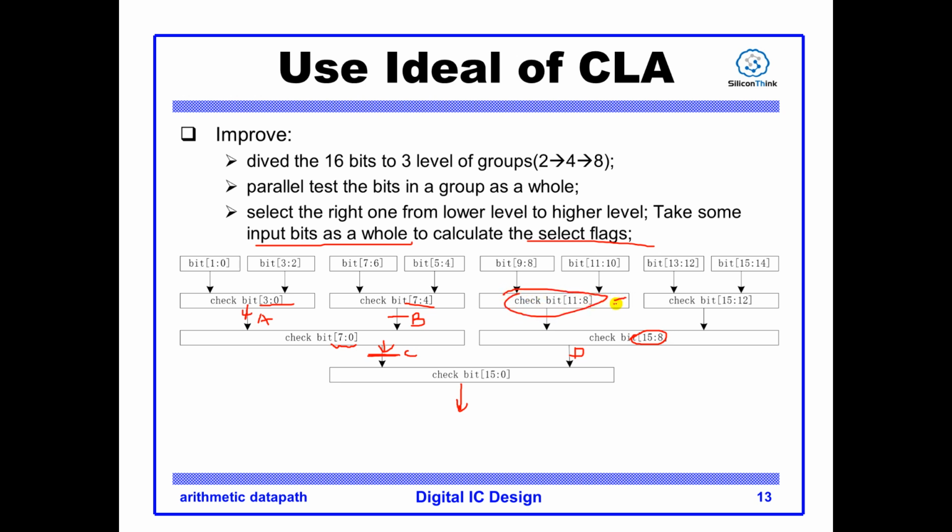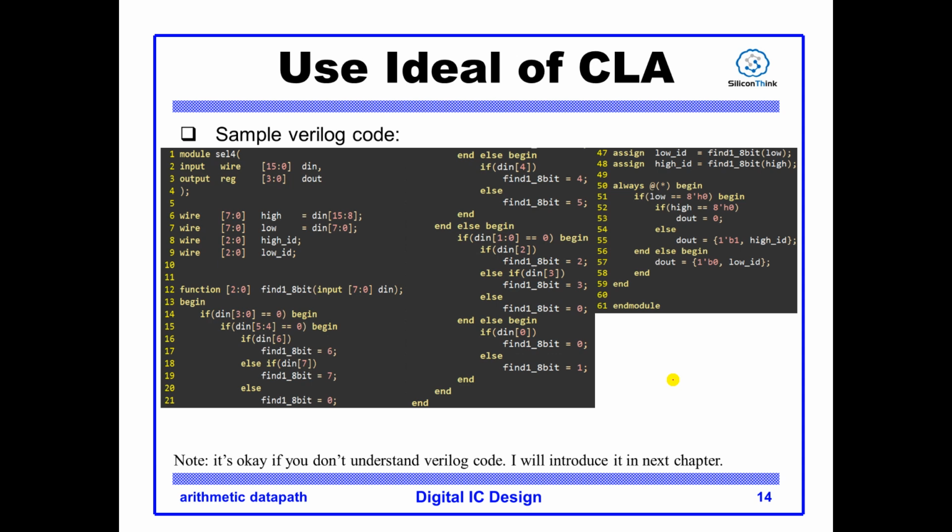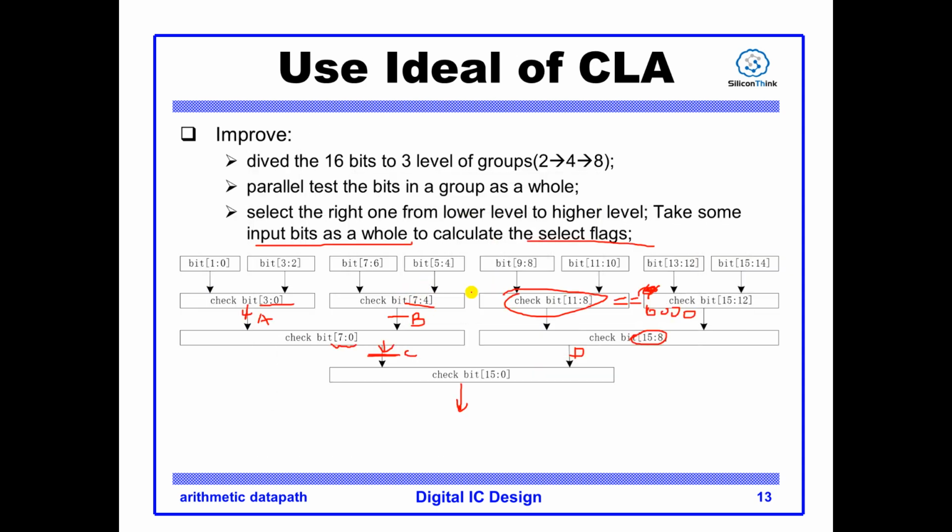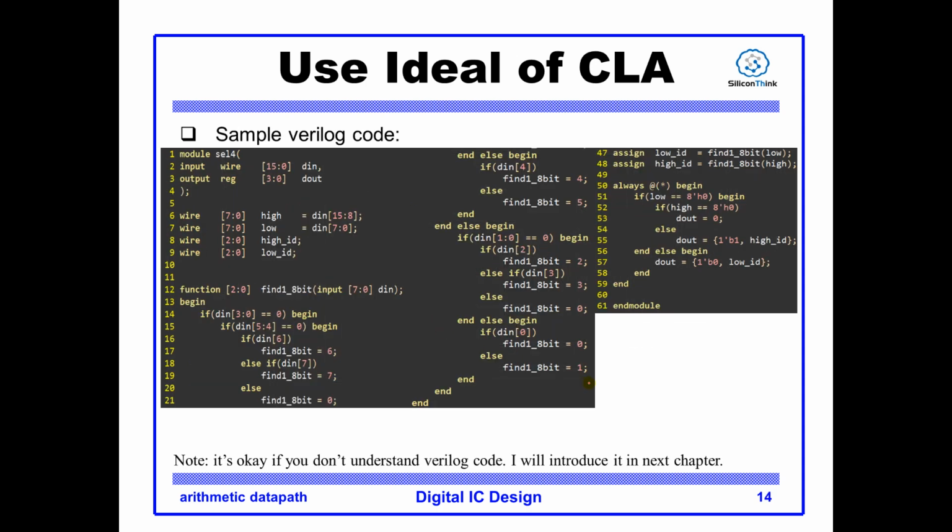You may use the equal to 8 bit 0. Okay. So this is a simple variable code for this architecture. You can read it. For example, this is a file select.